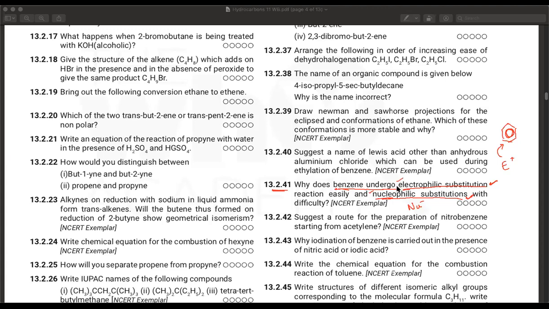First difference: this one is electrophilic and this one is nucleophilic. Electrophilic substitution consists of an electrophile attacking, which is electron deficient. So that's why it likes electrons, it wants electrons. And in nucleophilic substitution, you've got electron-rich substituents.